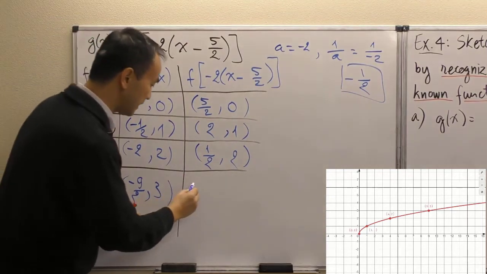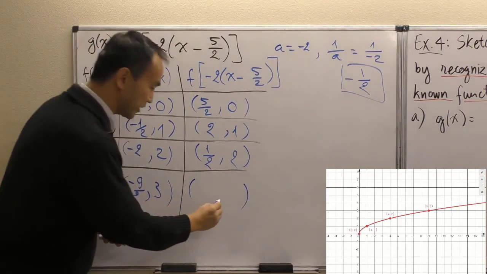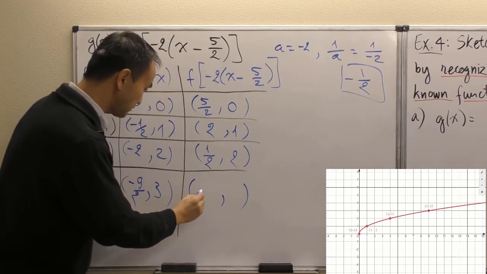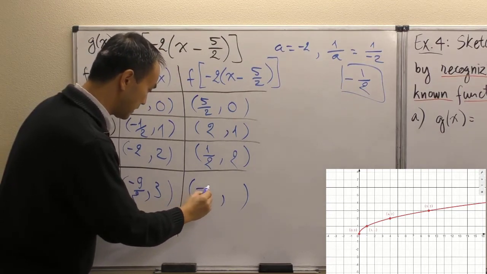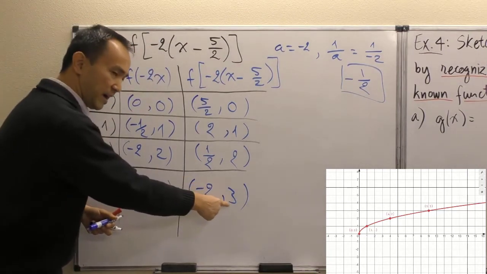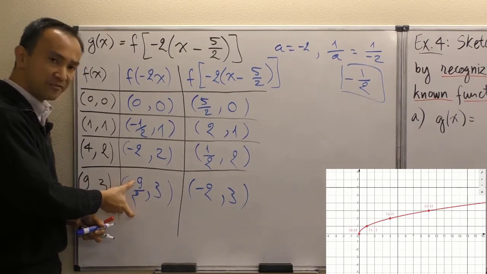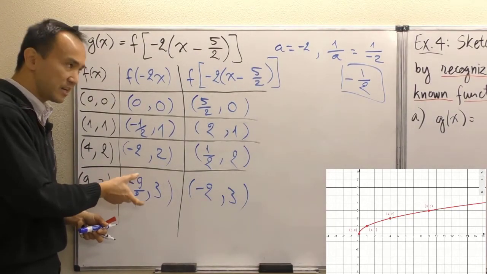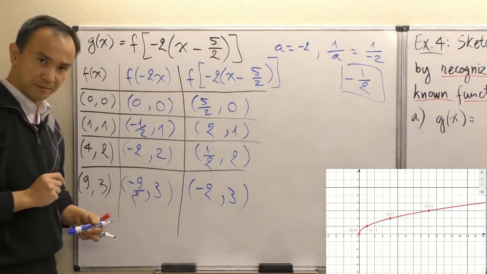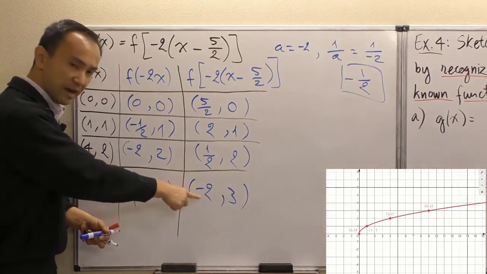And the last point right here, negative 9/2, 3, is now transformed to negative 2, 3. Y value stays the same. This minus 2 came out because negative 9 halves added with positive 5 halves gives me negative 4 halves, which reduces down to negative 2.